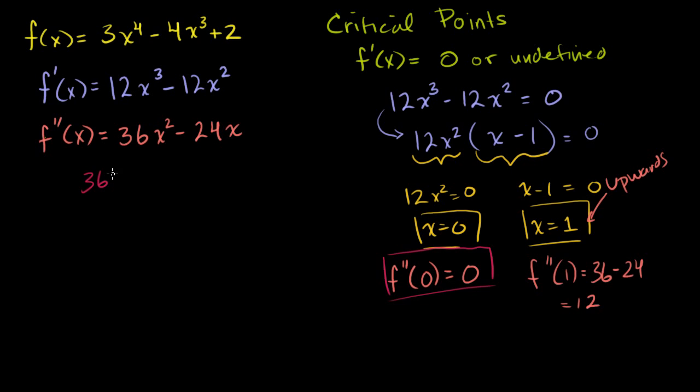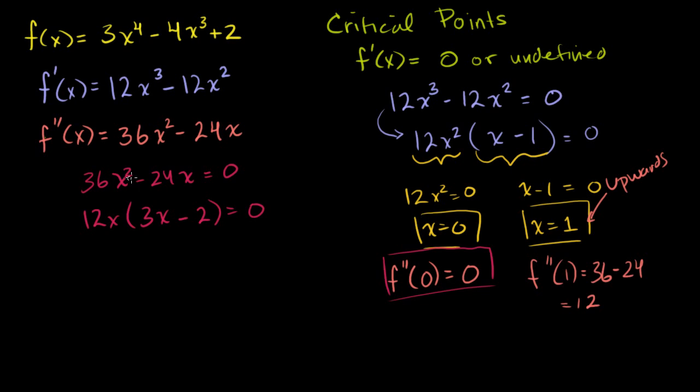So 36x squared minus 24x is equal to 0. Let's solve for x. We can factor out 12x: 12x times 3x is 36x squared, minus 2 is equal to 0. So these two are equivalent expressions.